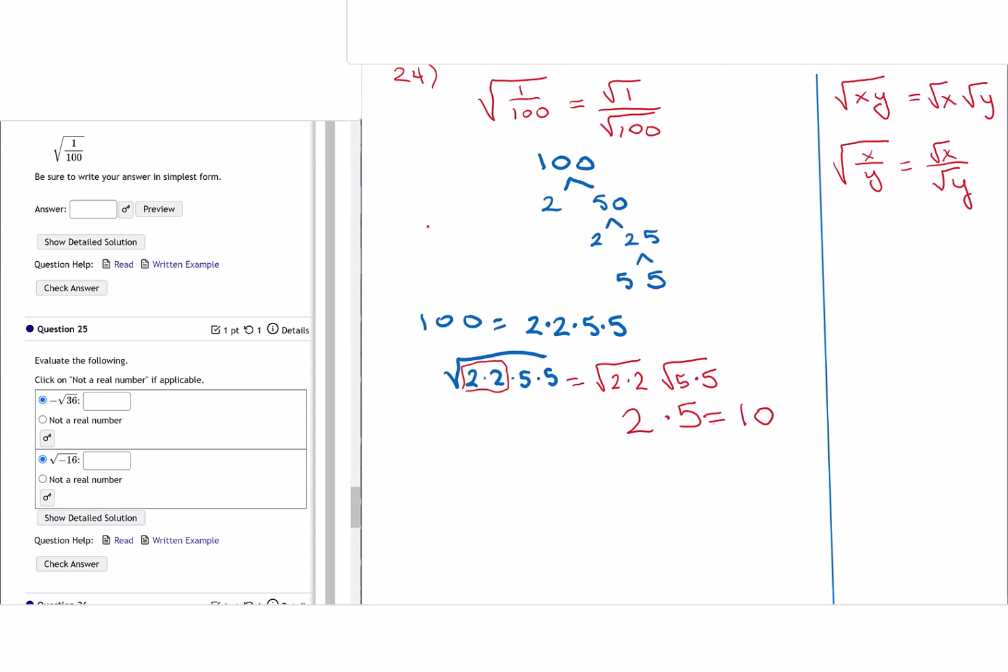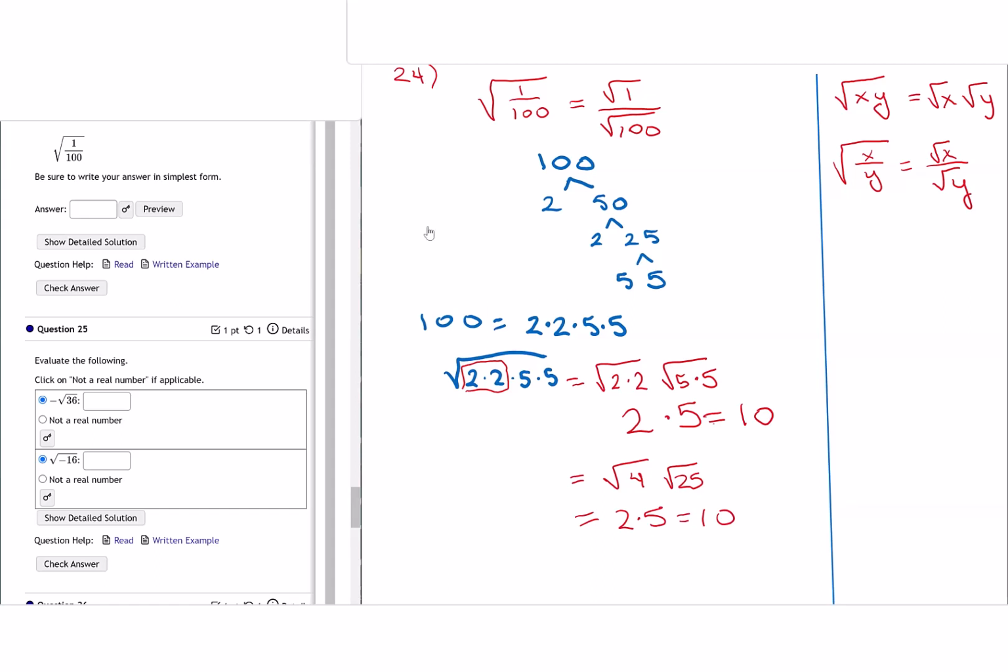There's many ways to do this. I can also say that's equal to the square root of 4 times the square root of 25, which is equal to 2 times 5. No matter how I do it, I'm always going to get the same number. The square root of 100 is 10.